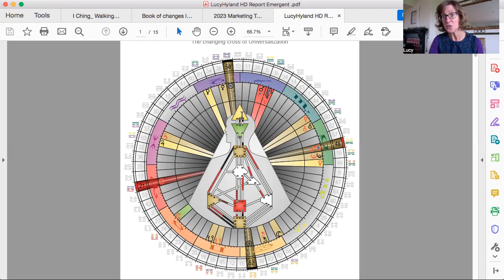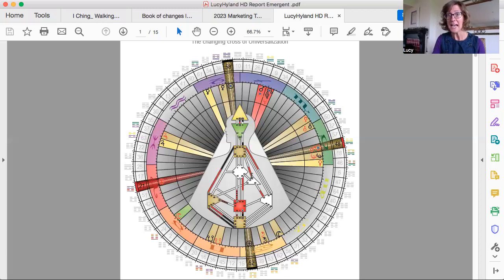So these centers are defined or they're undefined. And when they're undefined, they don't have a gate defined that's connected to another gate in another channel, but they might have these things called hanging gates where the energy is defined in that center, but it's not connected to another source of energy.